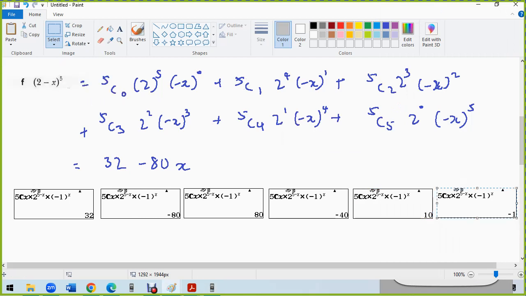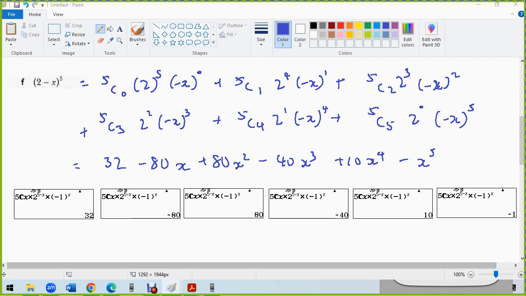Okay, so plus 80x squared minus 40x cubed plus 10x power 4 minus x power 5, plus minus plus minus plus minus.